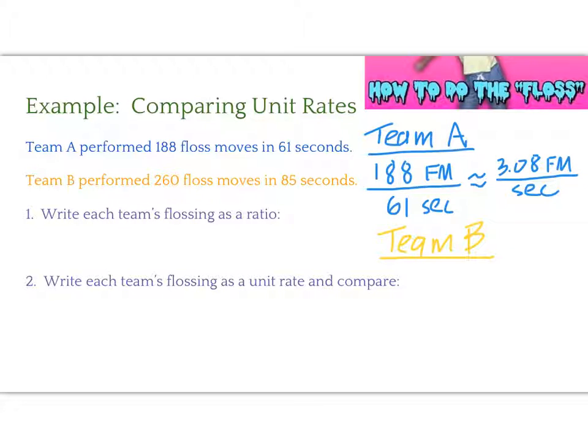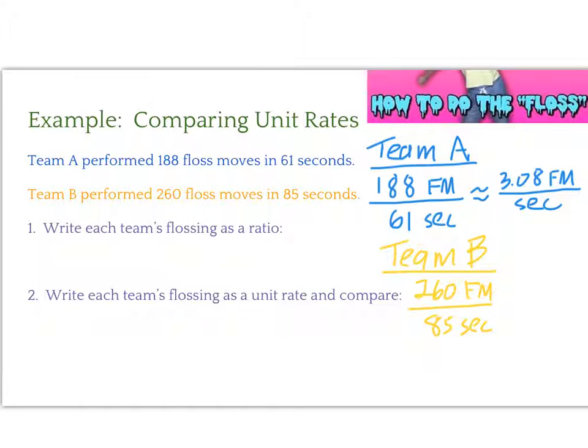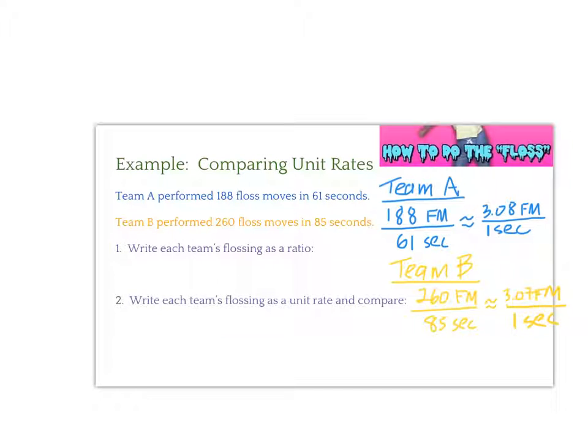For Team B, 260 FMs in 85 seconds, or about 3.07 floss moves per second. So in the second ratio, we have the unit rate, and then we can compare.